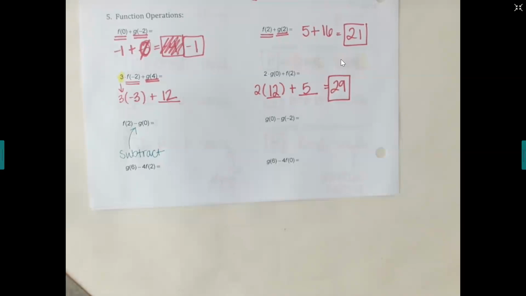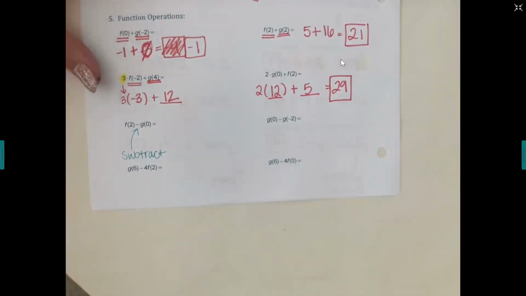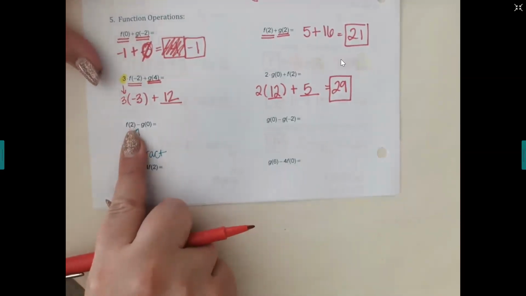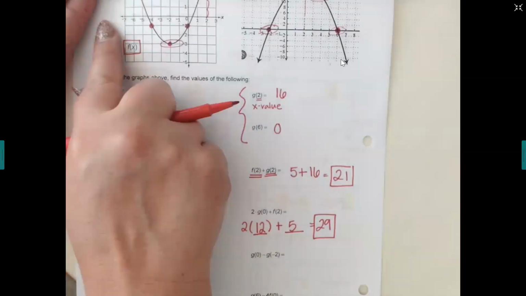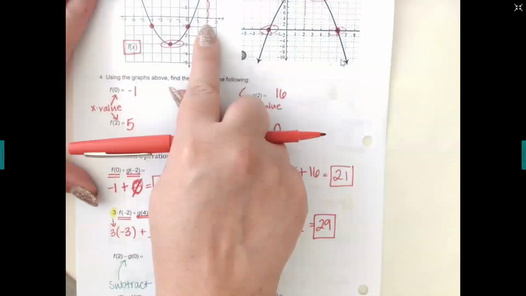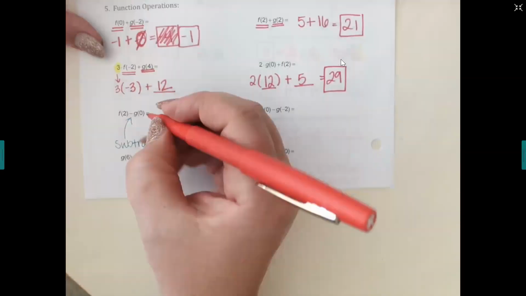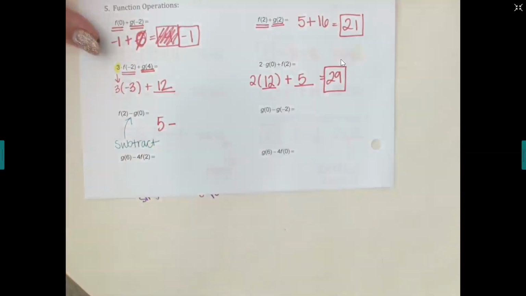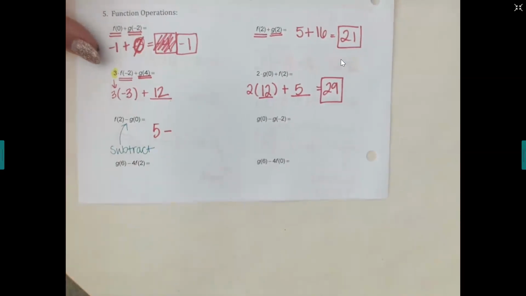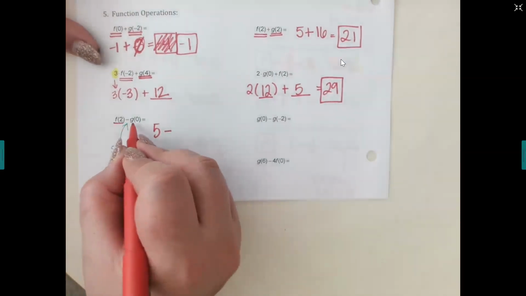First number that we want is f of 2. We found it before, but let's find it again. F is the first graph, find 2, and then trace up to 5.